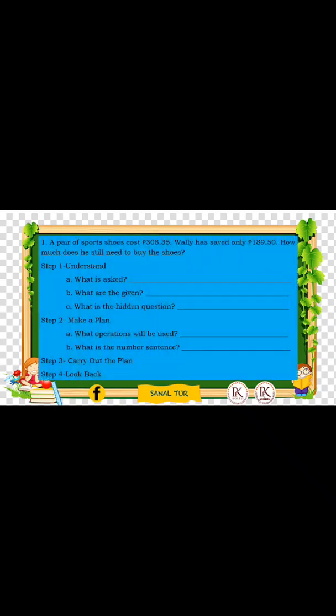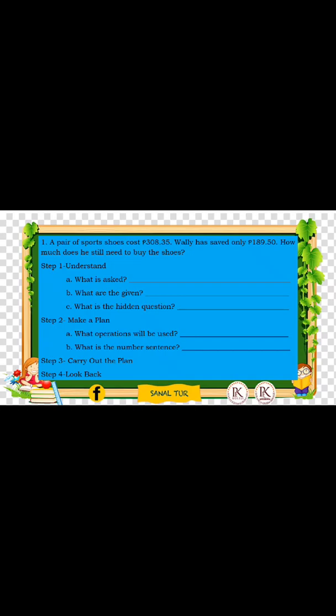So in your scrap paper, you try to answer what is being asked. In here, what step are you going to use? You are going to use the Polya process. Step 1, understand. Step 2, make a plan. Step 3, carry out the plan. Then step 4, you look back.